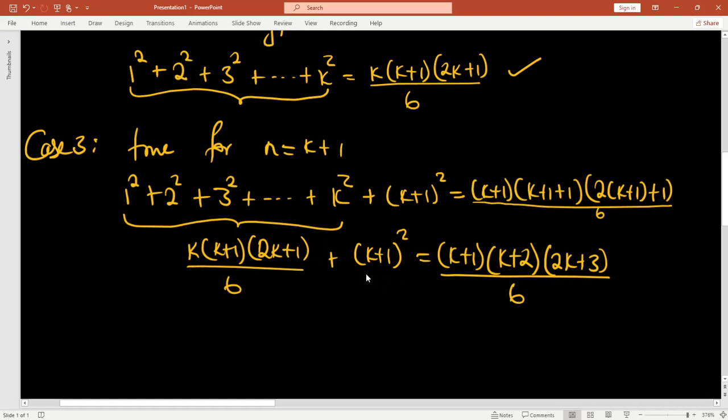So we know that this is the same as over 1. So if we make this a single fraction, our common denominator on this side is going to be 6.